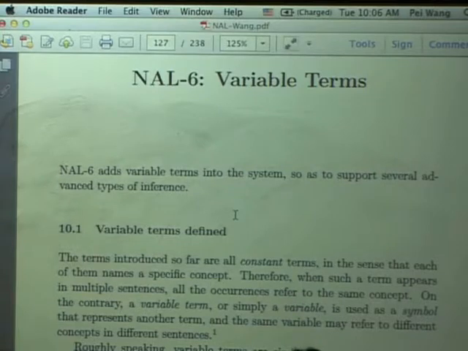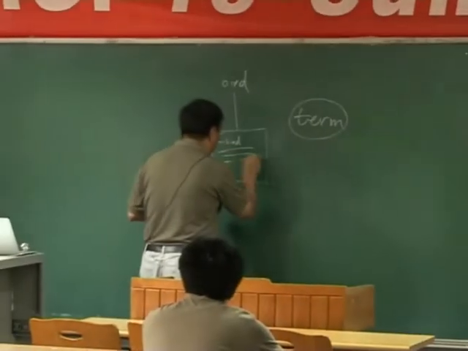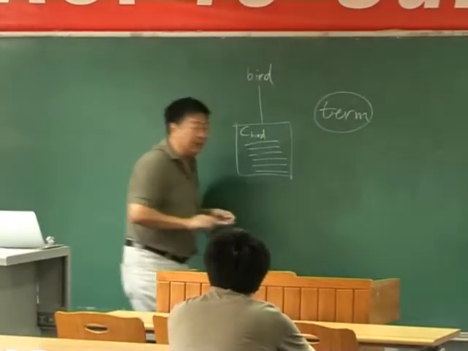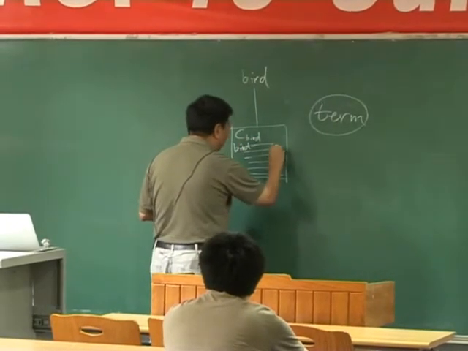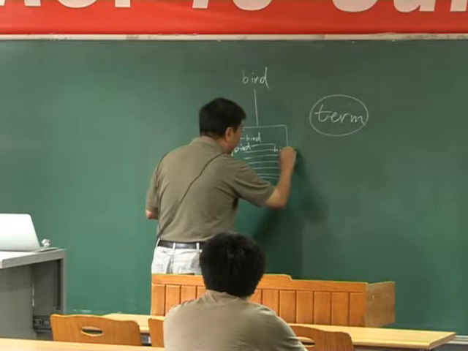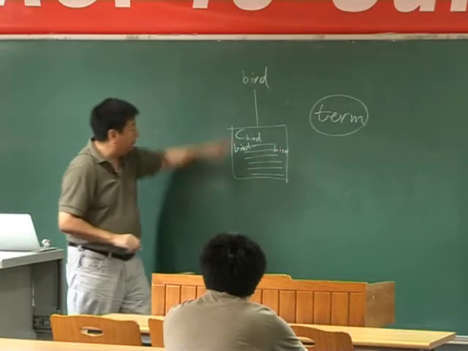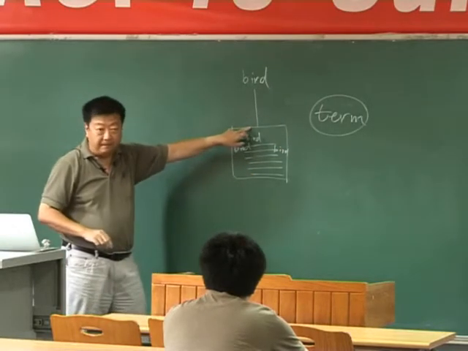So this bird always names this data structure, which is the concept bird. You know that it contains all the tasks and beliefs with bird in them. Bird is animal, and bird, blah, blah, blah. What is a bird, and so on. So this one always names this one.